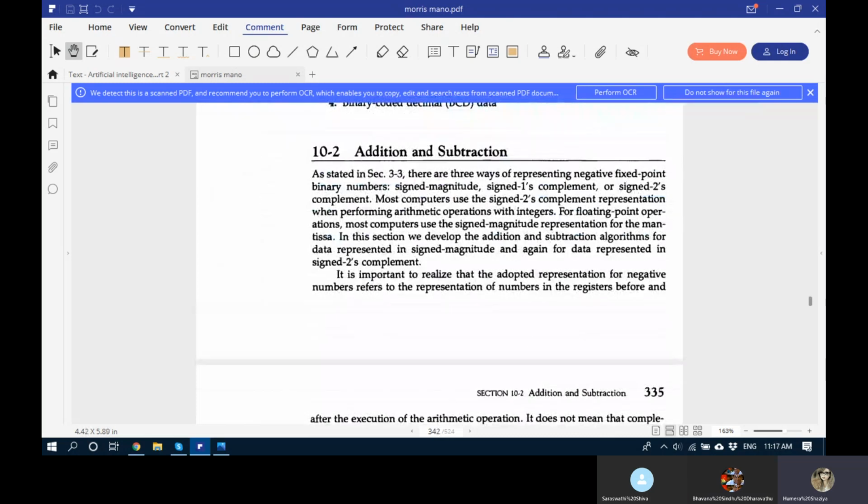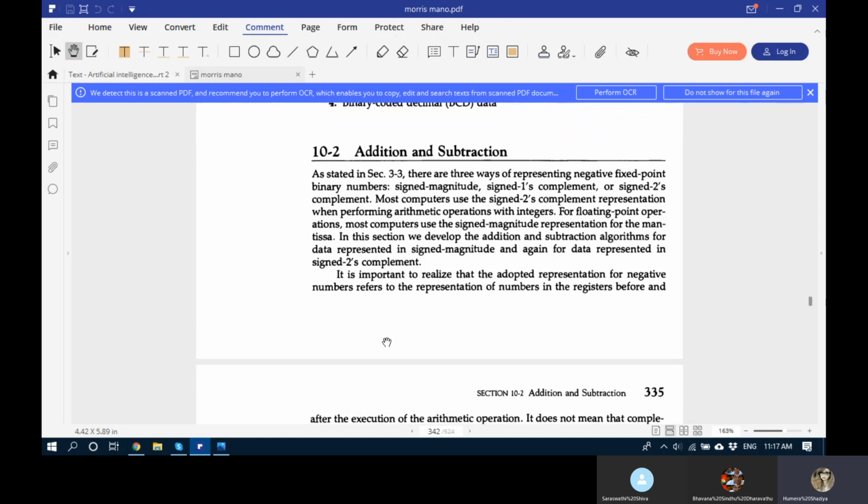Do you remember in how many ways you can represent signed numbers, negative number representation? Signed numbers can be represented as signed magnitude, one's complement, two's complement.